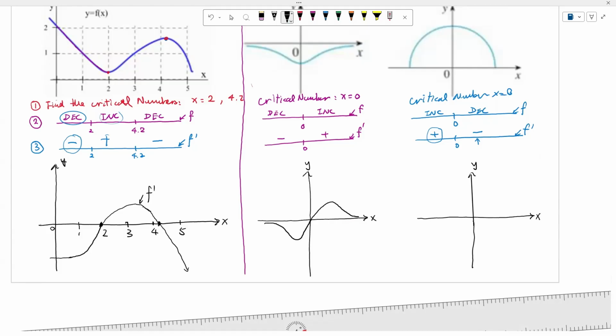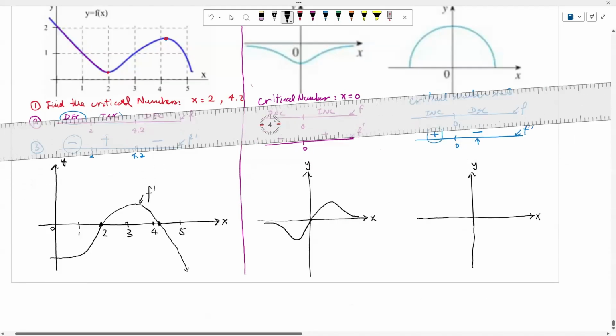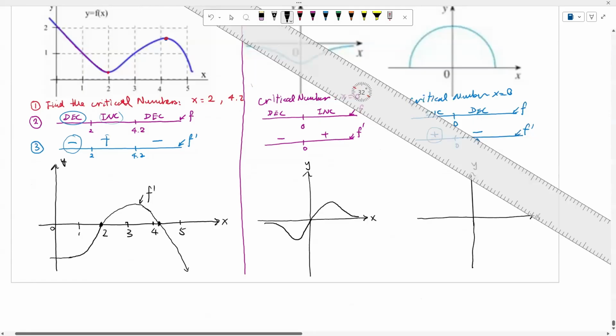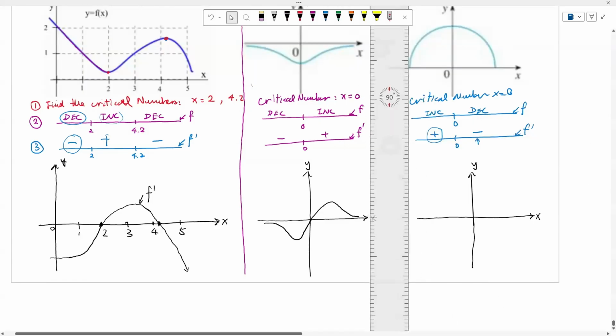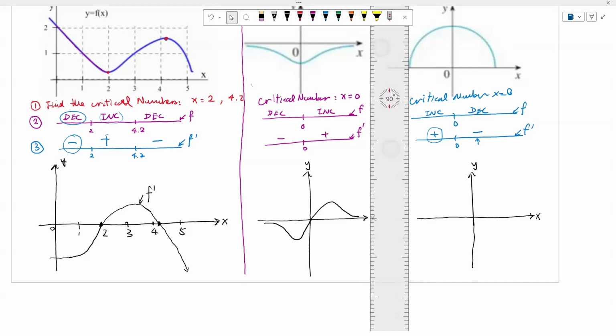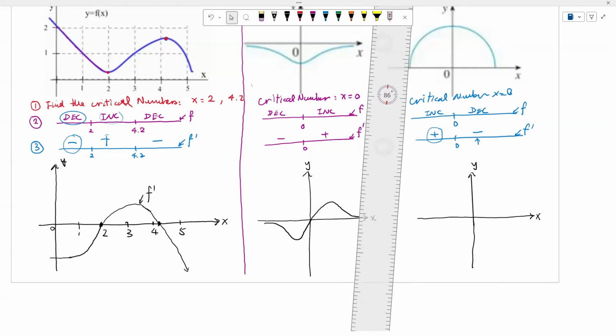Okay, so now let us look at how this graph behaves. You will see that when we are really close to the edge, we have a vertical tangent line here. Because this is positive, the slope that I have is really, really large and positive.